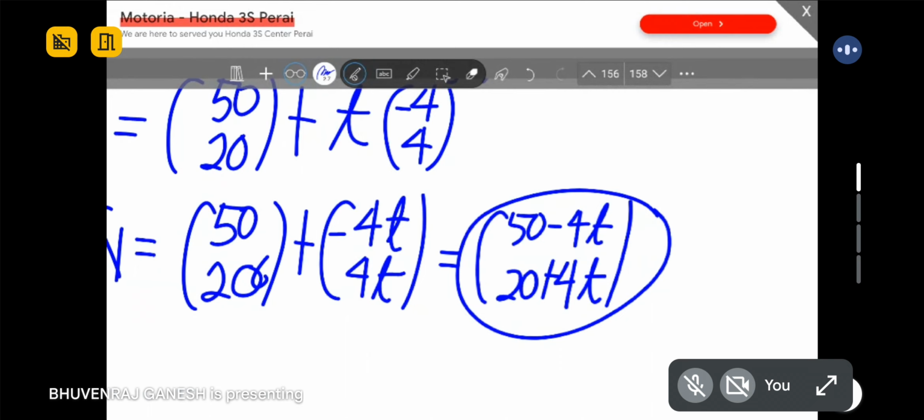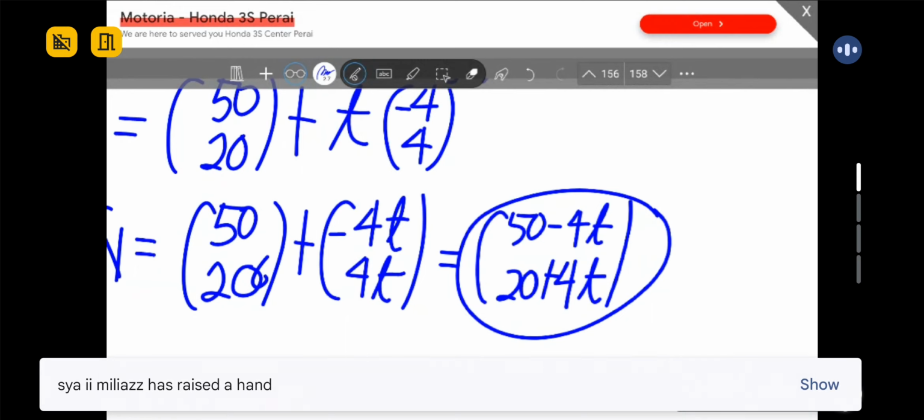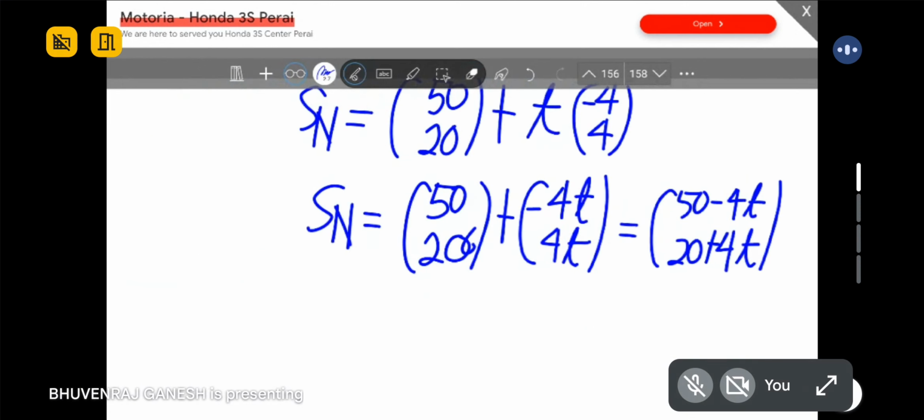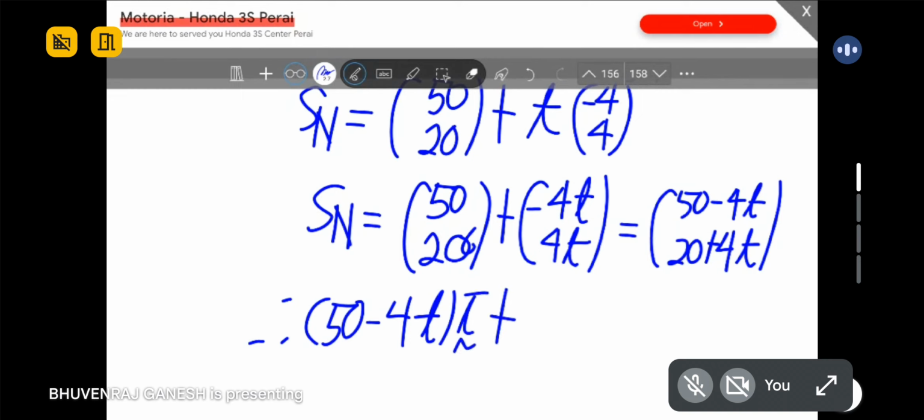Vector is the keyword. Saya tulis jawapan macam ni. Okay, the answer is wrong, guys. Salah. Please remember when the question says vector, you must write out your answer in terms of i and j. Kamu kena nampak simbol i dan j if question say vector. Okay, so this is the final answer, guys.